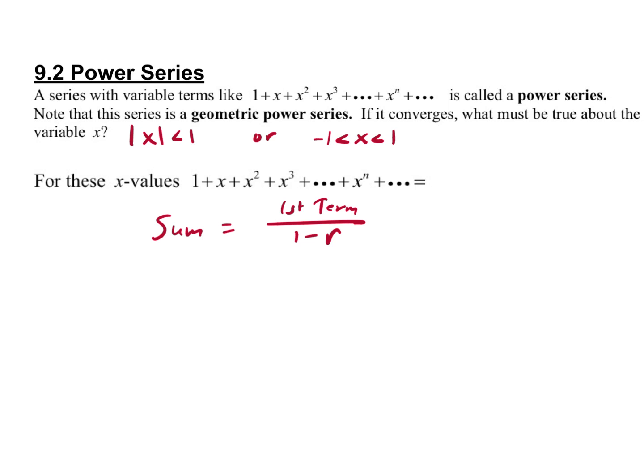So the first term here is 1. As we've said, what is the common ratio here? X. So the sum of this particular series is 1 over 1 minus X. If I added all those terms up, believe it or not, that's what we would get.